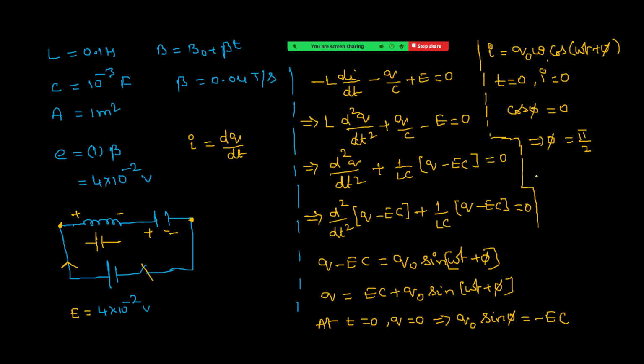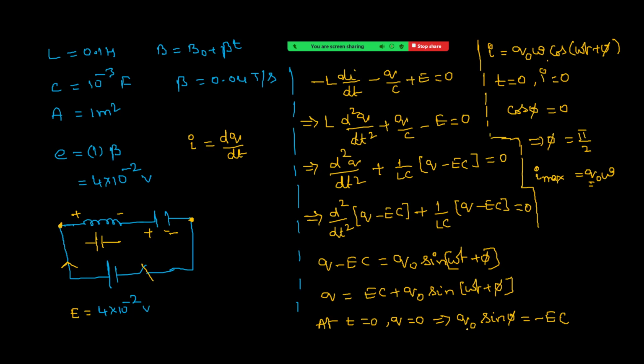So directly I can write I maximum is equal to Q naught omega, right? And if you want to know Q naught, then we require calculation of this.